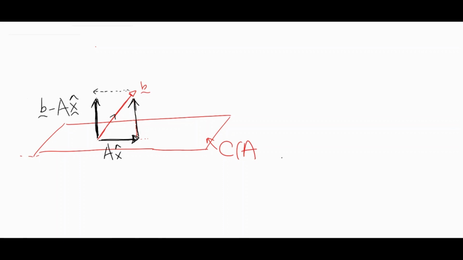Now suppose you take an element, a quantity x1, and let's call it AP. AP is in the column space of A, obviously.